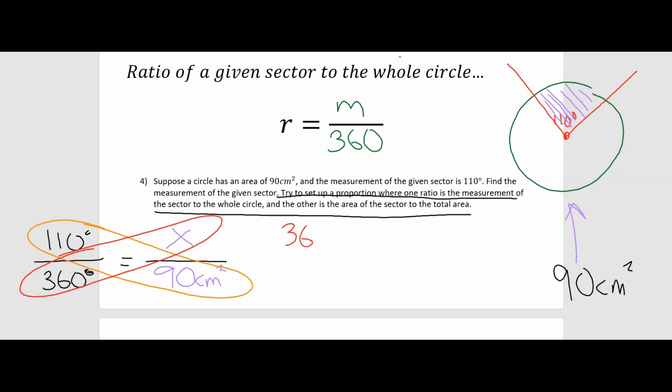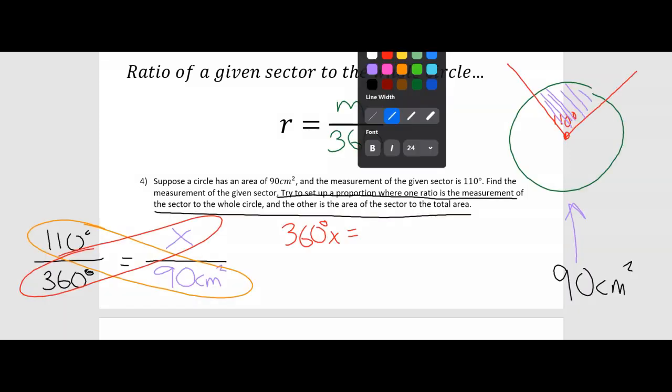I'm going to get 360x. You can leave the degrees on there, you don't have to. They're all going to simplify out in the end. We'll be left with centimeters squared. Let me show you, that way you don't have to just take my word for it.